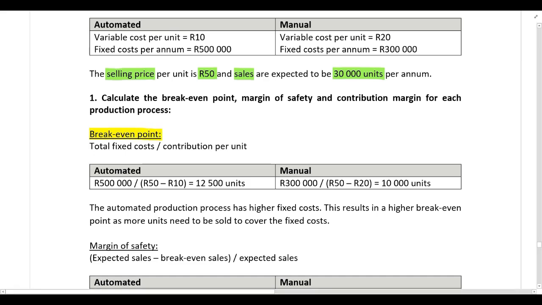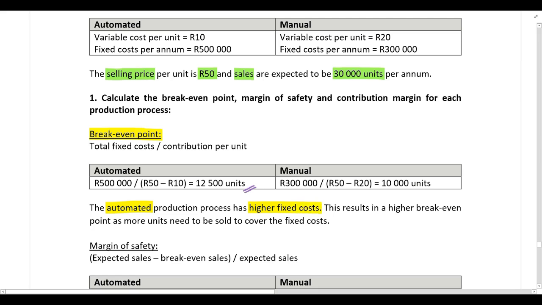You can see that the automated production process has a higher break-even point. So if the automated production process is used, the company will need to sell more units in order to break even. And the reason for that is because the automated process has higher fixed costs per annum. So you can see that discussion just below. The automated production process has higher fixed costs.